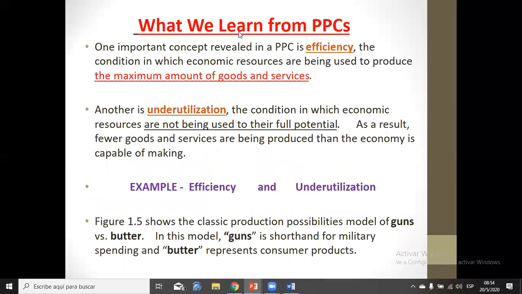Now, let's continue. What do we learn from PPCs? Production possibility curve, sorry. One important concept revealed in PPC is efficiency. Eficiencia. The condition in which economic resources are being used to produce the maximum amount of goods and services.